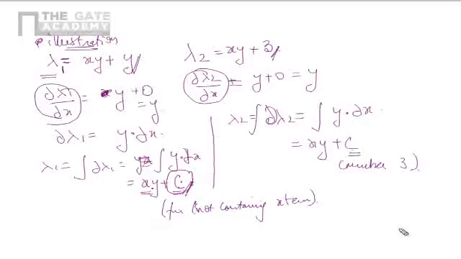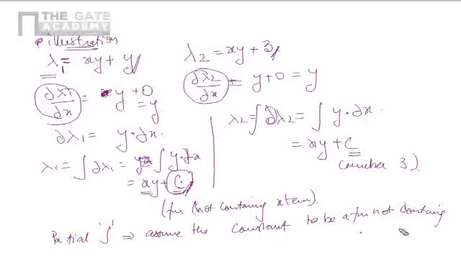So whenever we do partial integration, we always assume the constant to be a function not containing the corresponding variable. Is this clear?